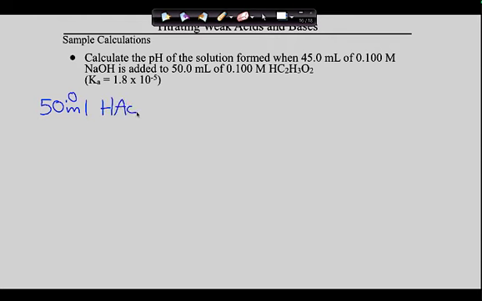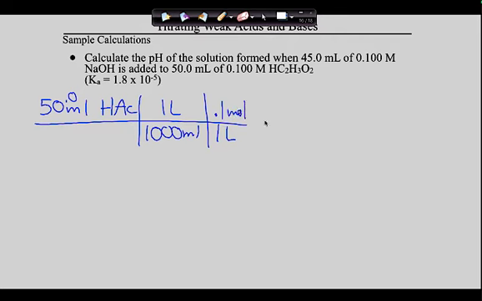You guys know this trick, right? You can call acetic acid HAC. 1,000 milliliters, 1 liter, 0.1 moles. So is it 0.050? All right.